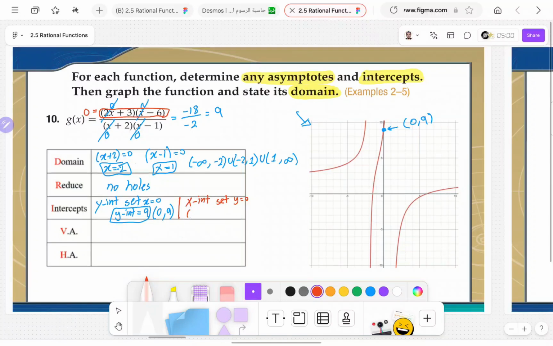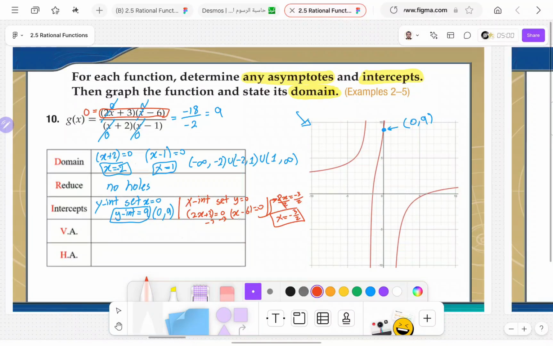So if I take 2x plus 3 equals 0, and x minus 6 also equals 0, so for the first one, minus 3 from both sides, so it becomes 2x equals minus 3, then divide by 2, so x is equal to negative 3 over 2.